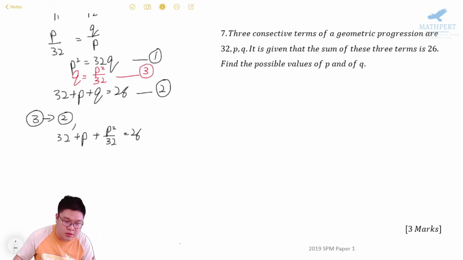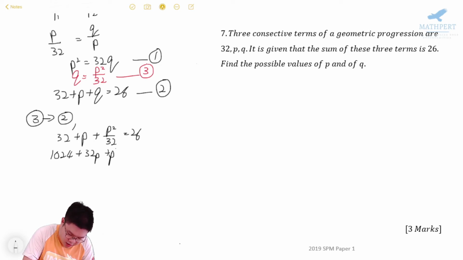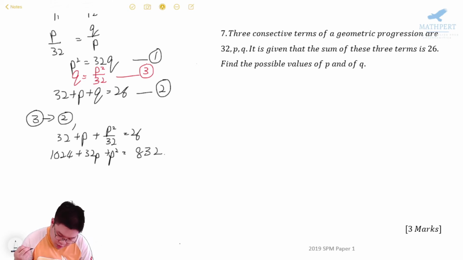In order for us to remove the denominator of 32, on both sides we multiply by 32. So I will get 32 multiply 32, I'll get 1024, plus 32P plus P squared equals 26 multiply 32, I'll get 832.